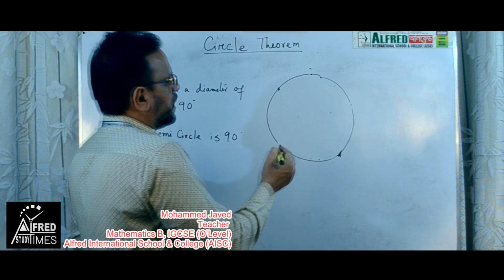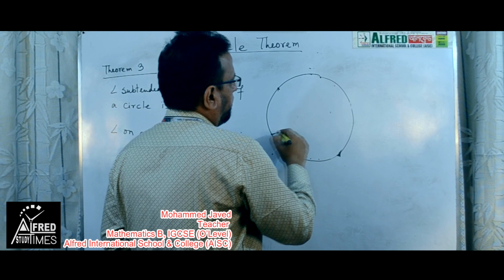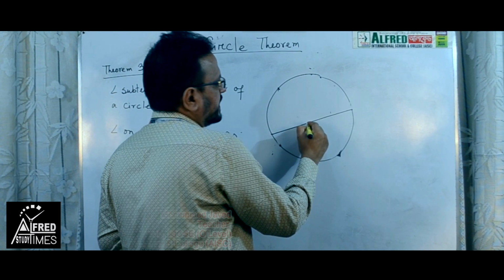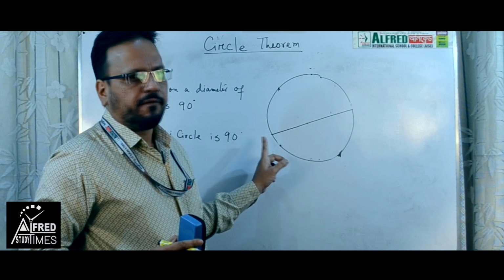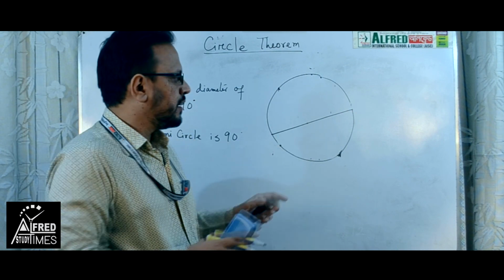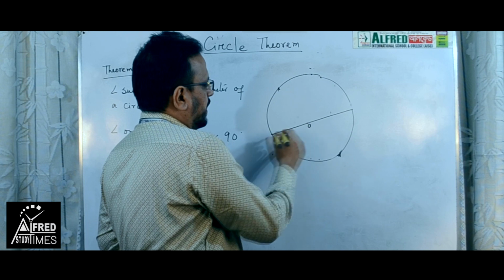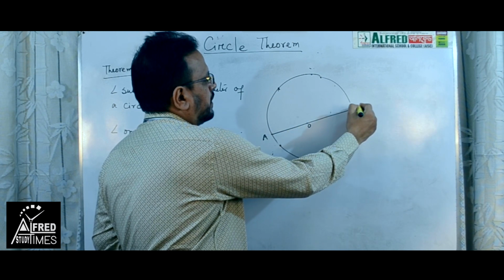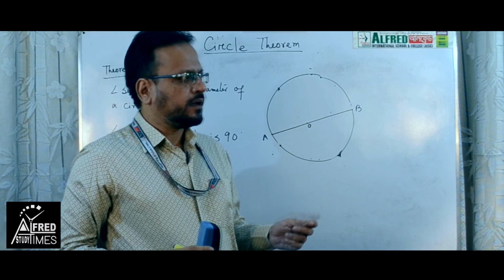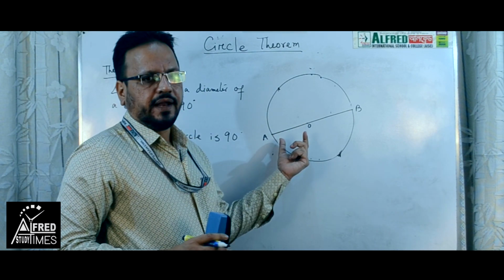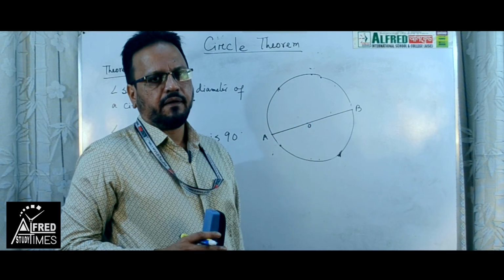So let us join this one. If a line passes through the center and touches both the parts of the circumference, that is the diameter. O is the center. AB. So AOB, the whole line is the diameter. OA is the radius. OB is the radius.